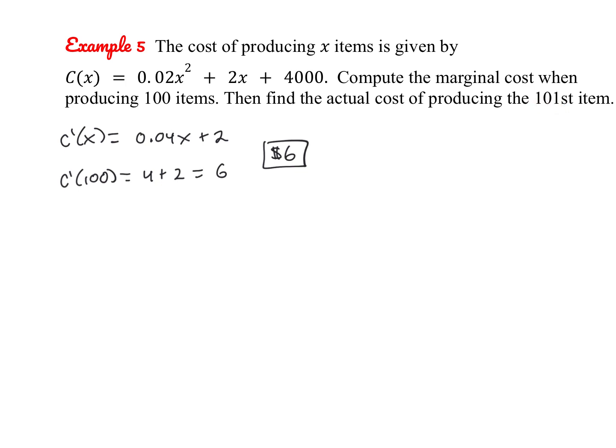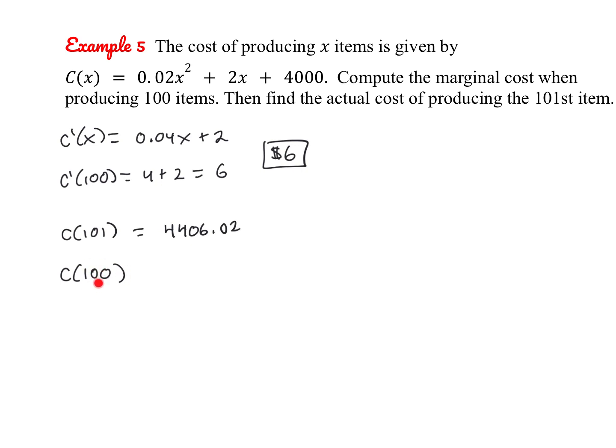And now to find what the actual cost of producing that 101st item is, remember marginal cost is simply an estimate. We can find the cost of producing the 101st item and subtract the cost of producing the 100th item to see what that change is. So if you plug in 101 into our cost function, we'll see that the total cost is $4,406.02.